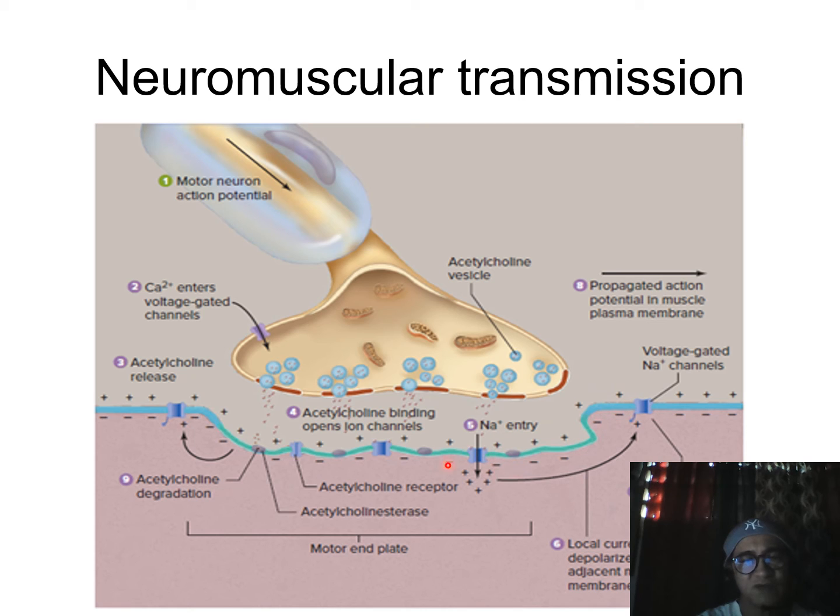So whenever there are motor end plate potentials occurring at the motor end plate, this travels in a summated manner to the periphery of the neuromuscular junction, where they evoke action potentials along the membrane of the muscle fiber. These action potentials then travel all throughout the length of the muscle fiber membrane, throughout the muscle fiber.